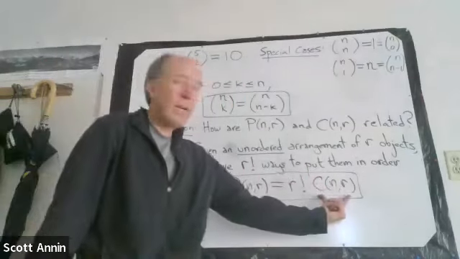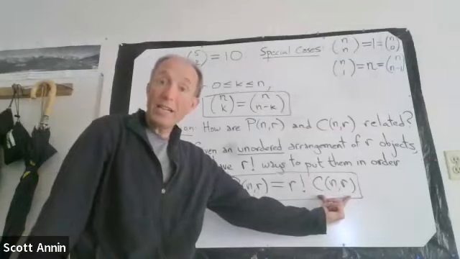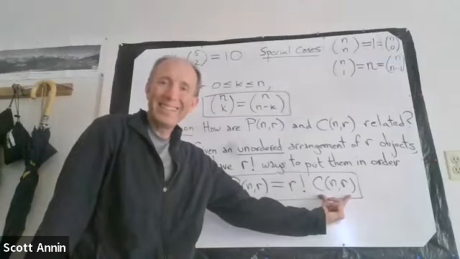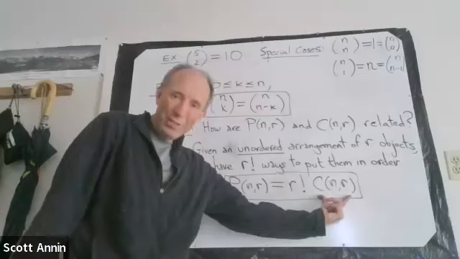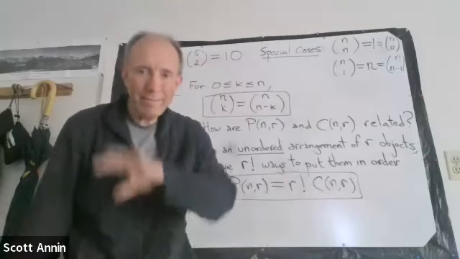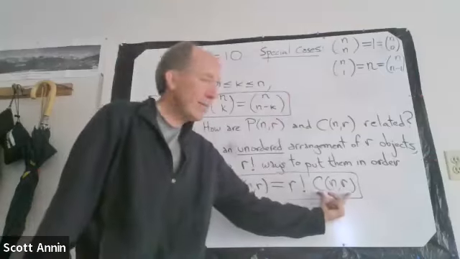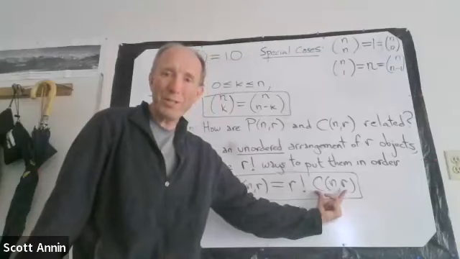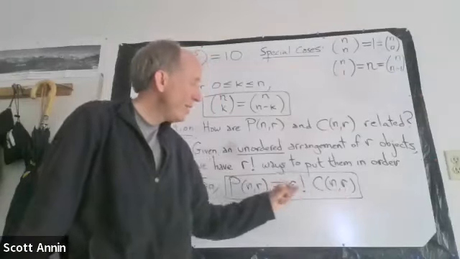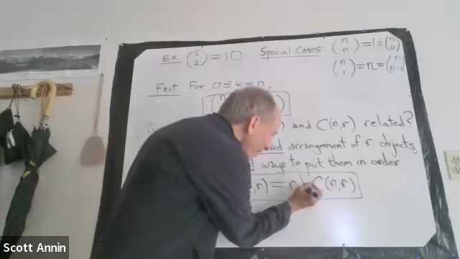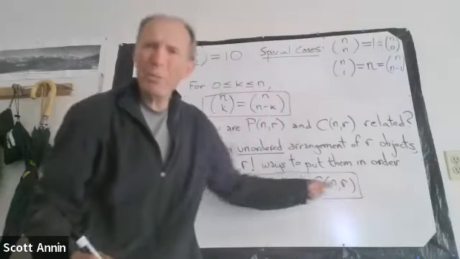So this is the number of ways to get an unordered choice of R objects from a collection of N, from a set of size N. This is unordered objects, R of them. Then I have to put them in order. It's almost like the multiplication principle.